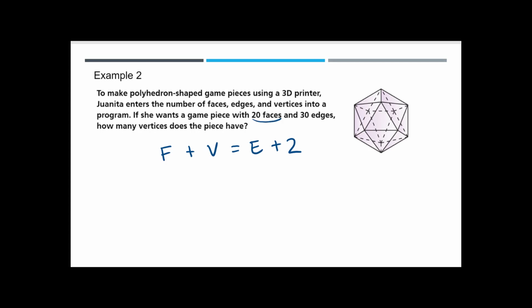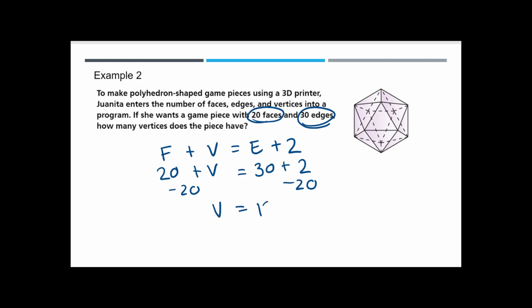We'll plug in what we know, 20 faces and 30 edges. The 2 will just carry down on the right hand side, and then we'll rearrange and solve for v. So I'll subtract 20 from both sides. So we have 32 minus 20 will give us 12 vertices.